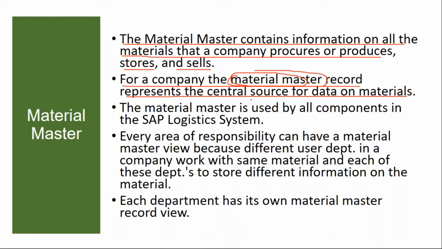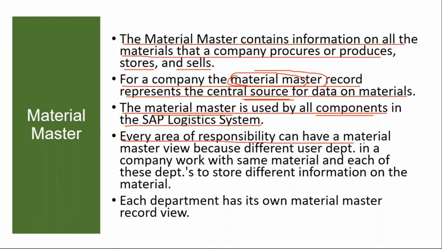That is why it is called a central source. All the departments within the company will maintain their data. The material master is used by all components in the SAP logistics system. All components means all departments: purchasing department, production, planning, sales, finance, warehouse, all the departments will be using this material master.